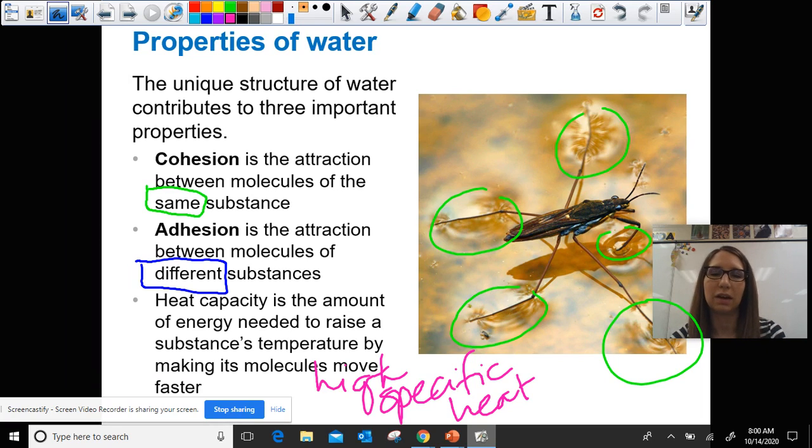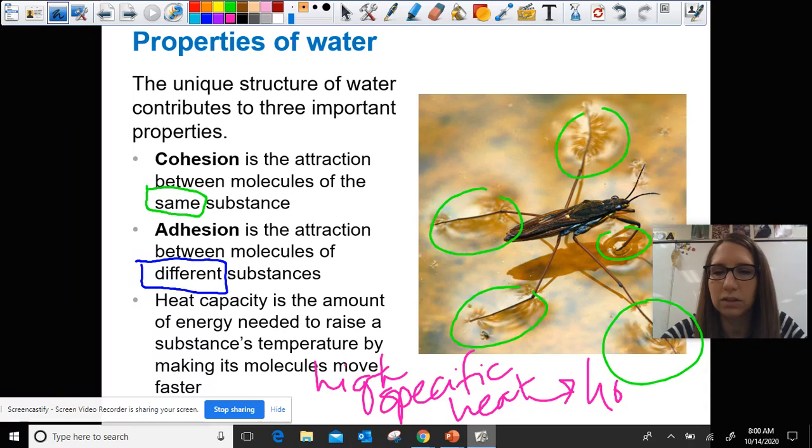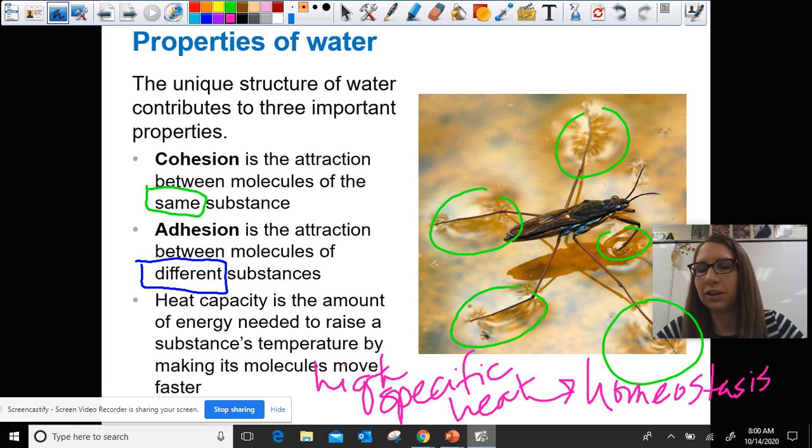So this idea that water has what we call a high specific heat, or a very high heat capacity, allows us in our bodies to maintain what we talked about earlier, which is something called homeostasis. So this has everything to do with maintenance of constant internal conditions in the body and in our cells, and specifically in dealing with things like maintaining a body temperature.